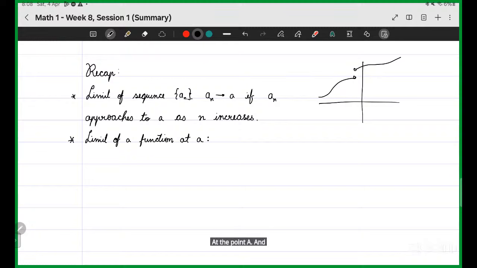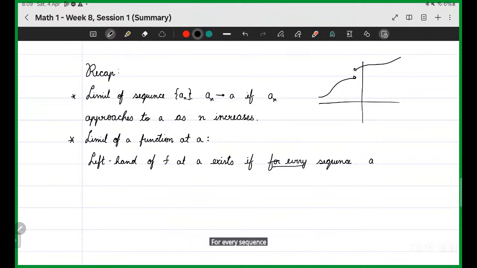And how was that defined? Left-hand limit of f at a exists if, and it is important to note that this has to happen for every sequence.